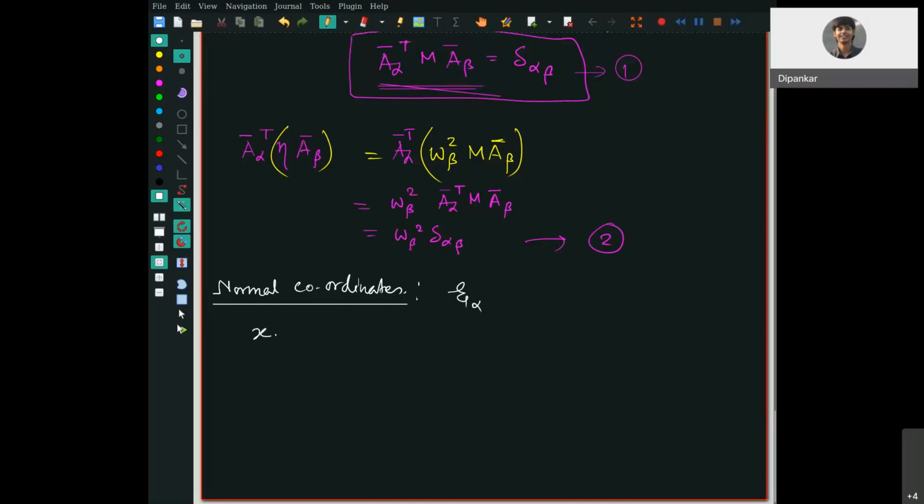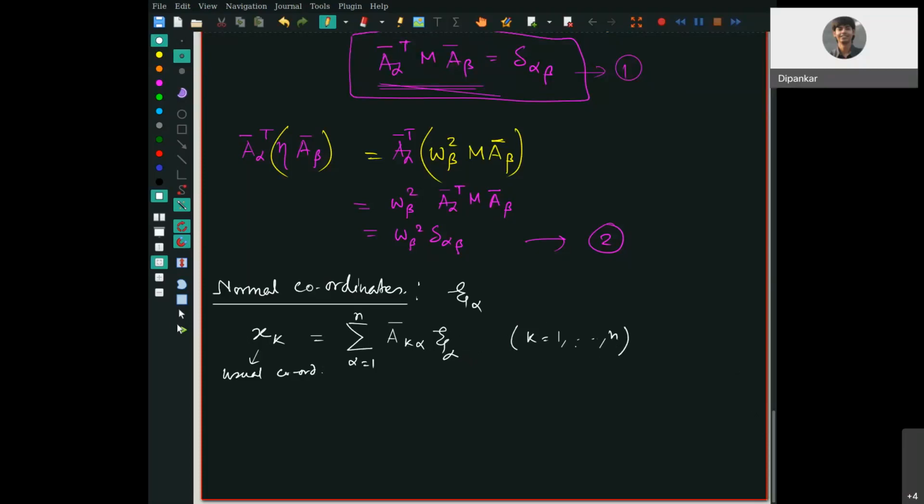So your usual coordinate, the x_k that we had written, equals the sum over alpha equals 1 to n of A bar k alpha xi alpha. Okay, so this is my definition of the normal coordinates, of course, for k equals 1 to n.